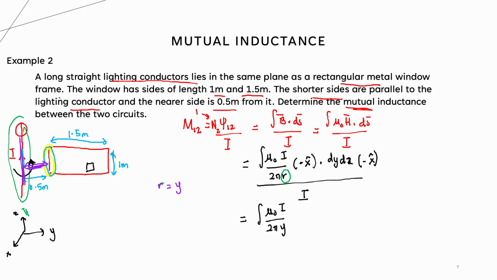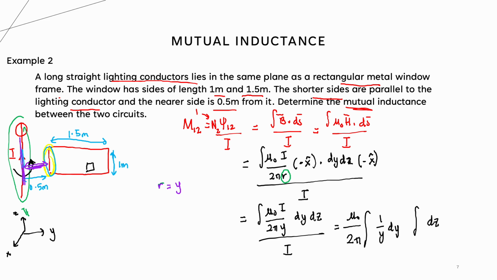Negative negative becomes positive. So dy dz divided by I. If we further expand, we can bring mu naught over 2 pi, 1 over y dy, and another one is dz.